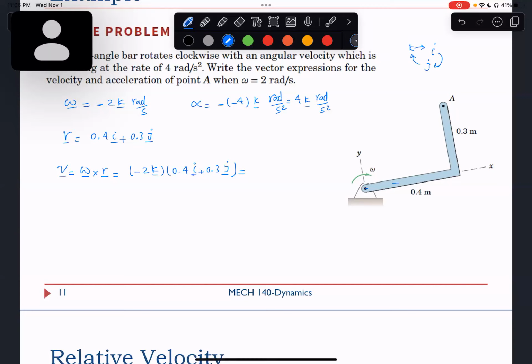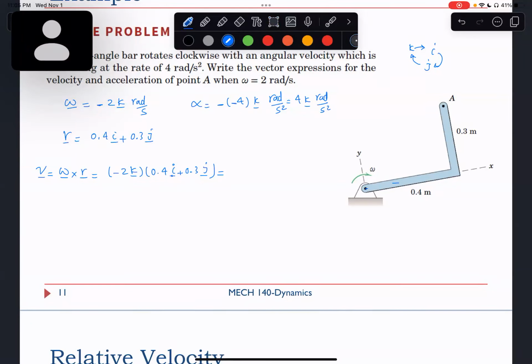Okay, so we know that if you go along this clockwise orientation, then for example, i cross j would be positive k. If I do j cross i, that would be negative k.